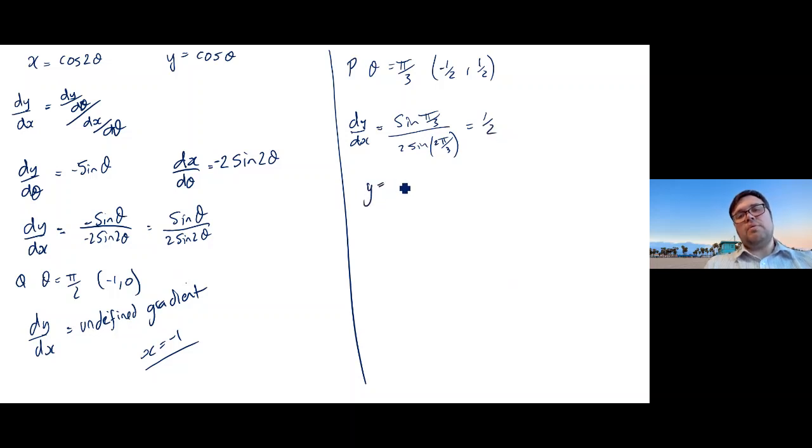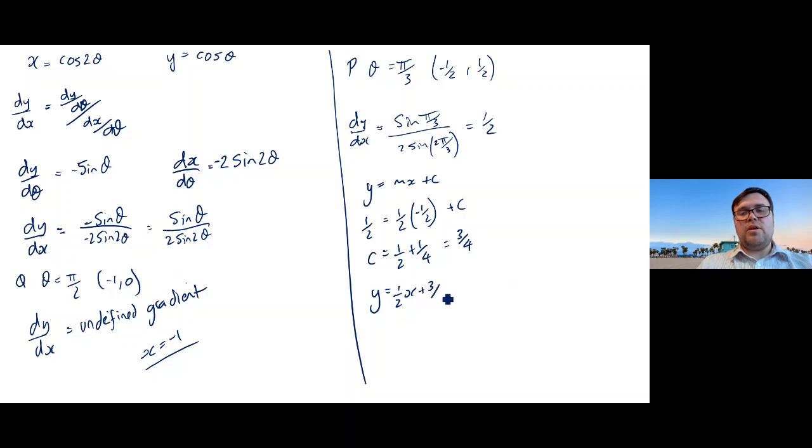So then using y equals mx plus c, y is a half. The gradient is a half. The x value is minus a half, and then you've obviously got plus c. So that's going to be minus a quarter. So c equals a half plus a quarter, which is 3 over 4. So we have y equals half x plus 3 over 4.